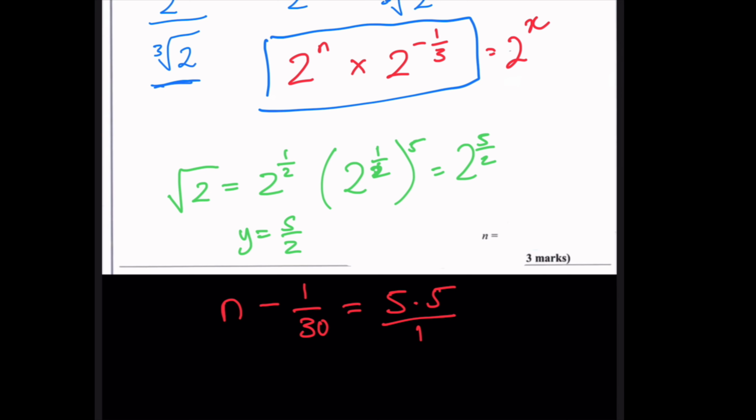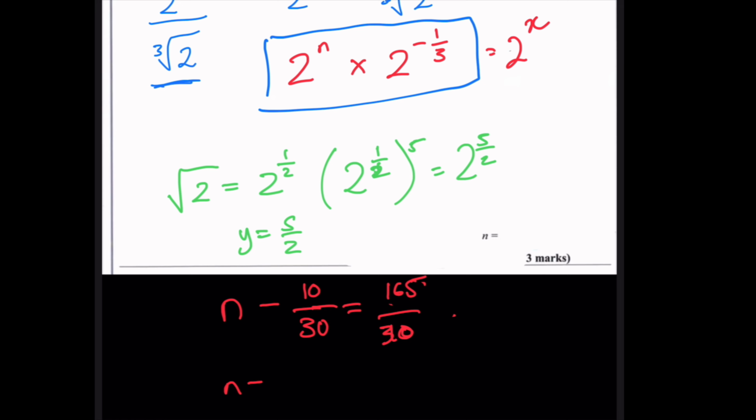Let's make this 10 over 30, and then we'll make this 55 over 10, just simplifying both. Then 55 over 10, we can multiply the bottom by 3 to get 30. 55 times 3 is 165. So this will be 165 over 30.